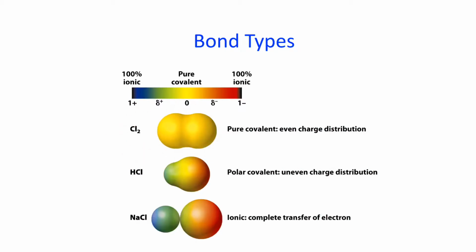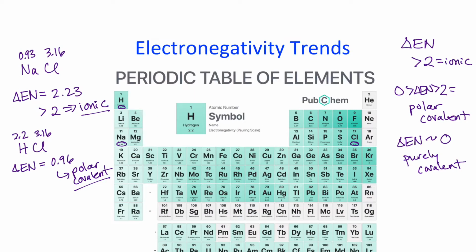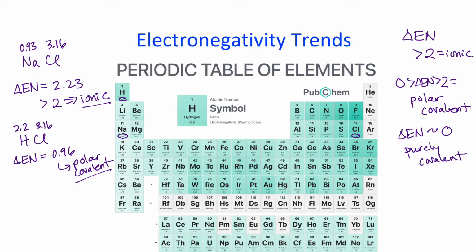Our other example from our slide before was Cl2. Let's see if we can verify that Cl2 should be a purely covalent compound. So going back here, we want Cl2, so we can say Cl, Cl. Again, we've already looked up that electronegativity value, so you get 3.16 and 3.16, and hopefully you don't have to do any math here to see that the difference is 0.